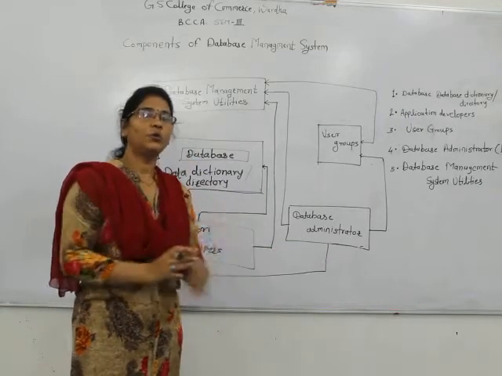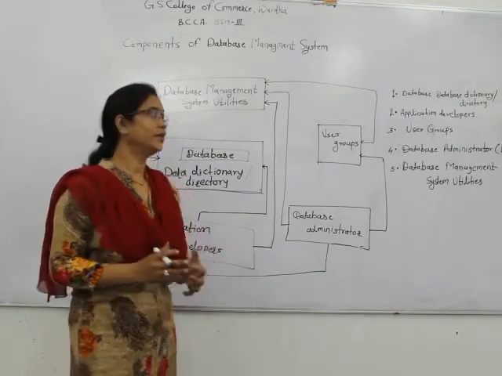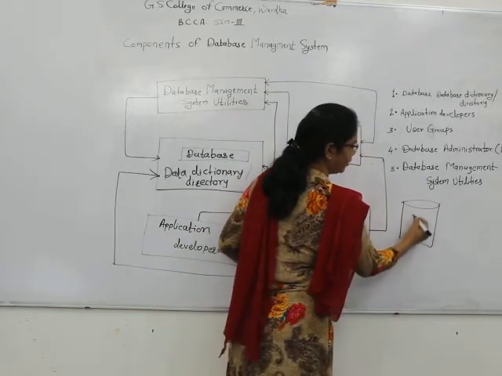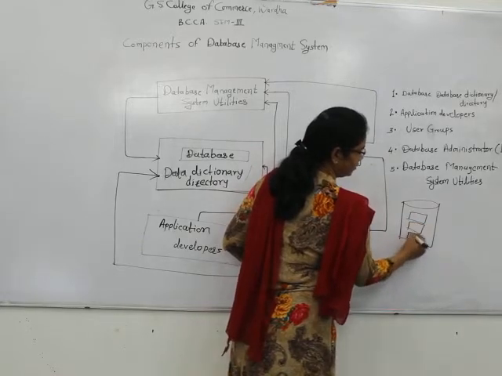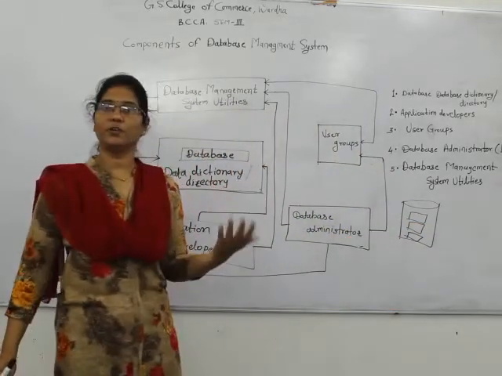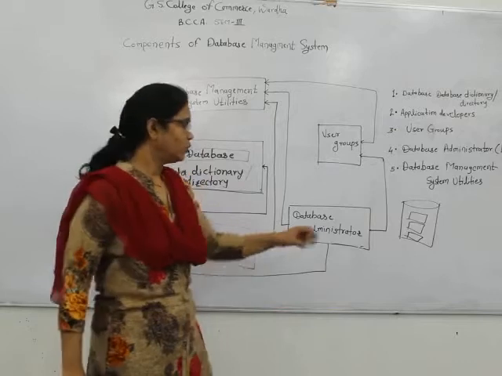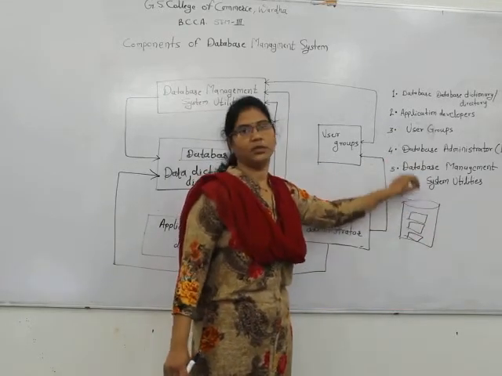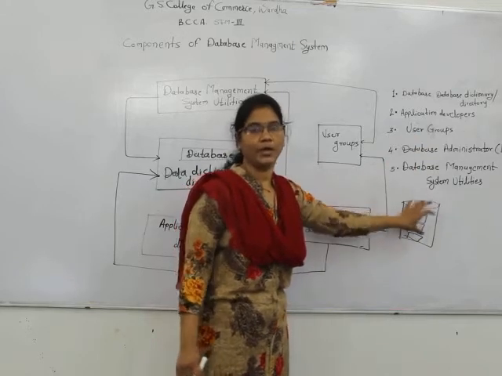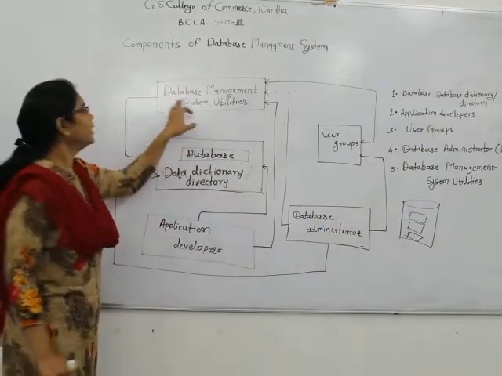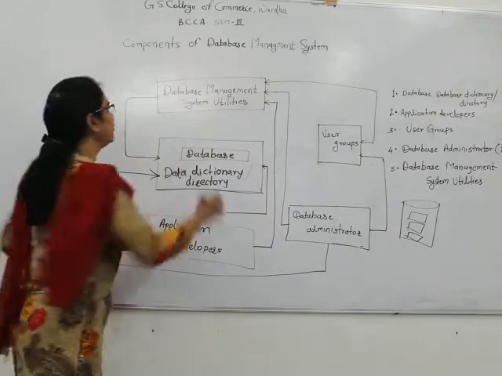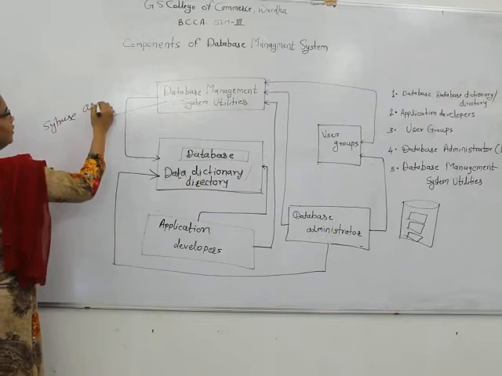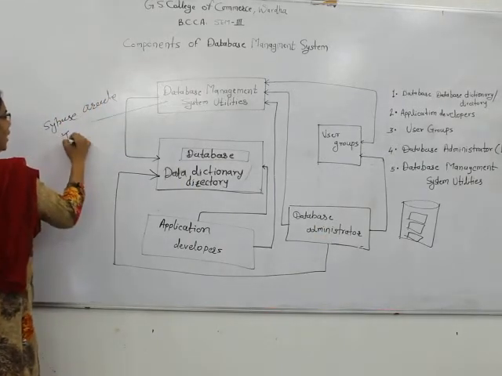I already told you the meaning of database. Database is nothing but a collection of a number of files, and a collection of files means a number of tables. To manage the data of that particular database or table, we have to use the database utilities, and those database utilities are nothing but Sybase, Oracle or IBM.